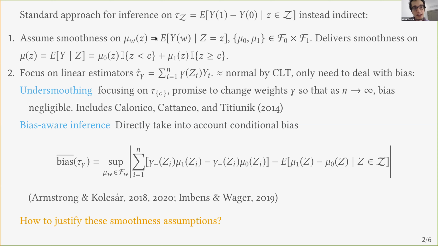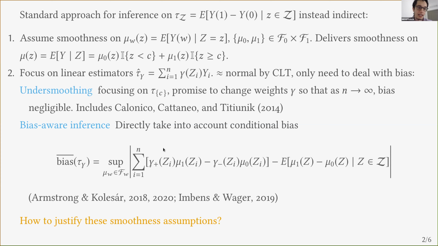So once I make smoothness assumptions on the conditional means, so I'm going to say these conditional means are going to fall into this parameter space F, then it's going to be easy to calculate the conditional bias of my linear estimator, because this problem of calculating the worst case bias is just a convex optimization problem.